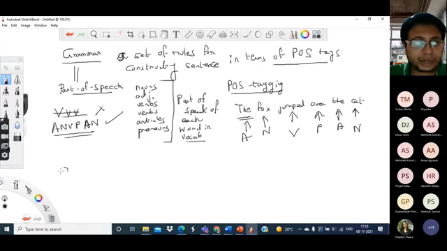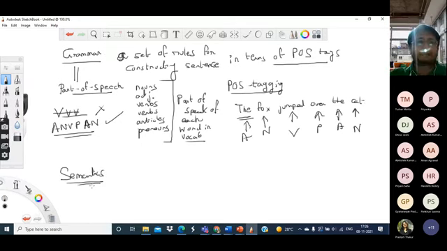The third part of the language is semantics, as in the meanings of the different words. Now it may happen that a particular sentence is grammatically correct, that is to say, the sequence of part of speech tags it has is acceptable according to the grammar, but the sentence may not have any particular meaning.